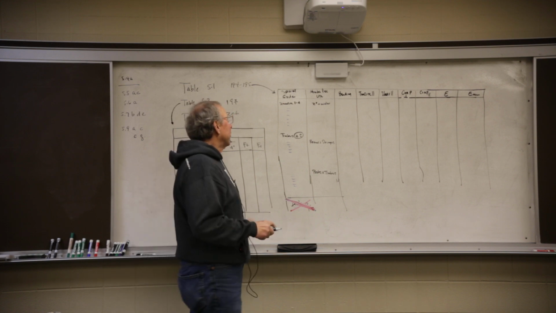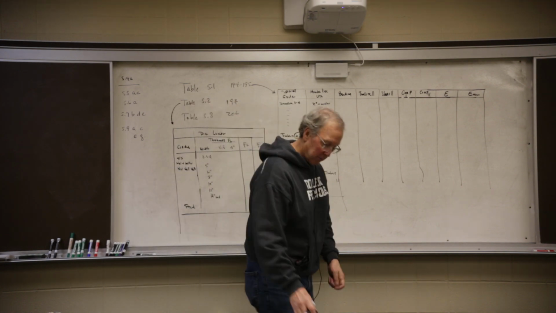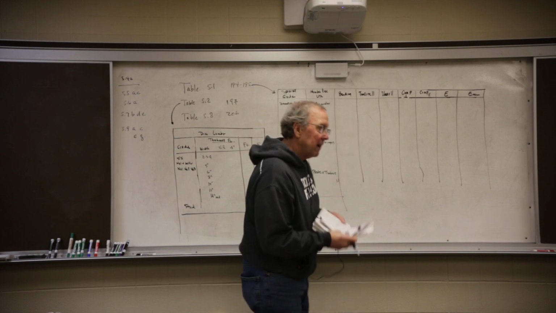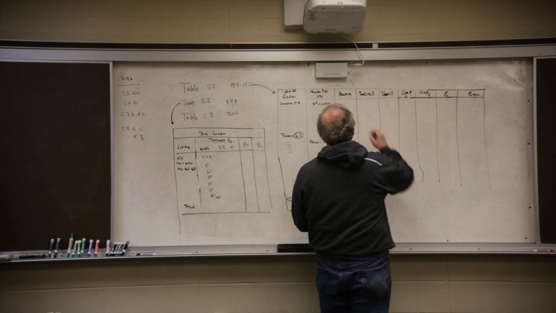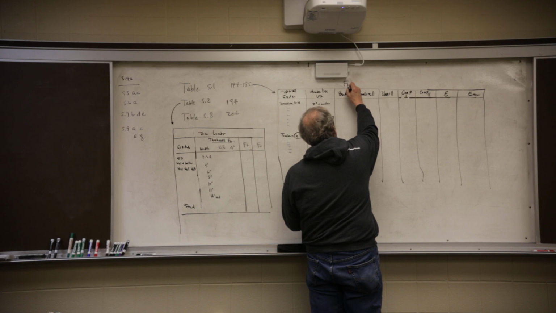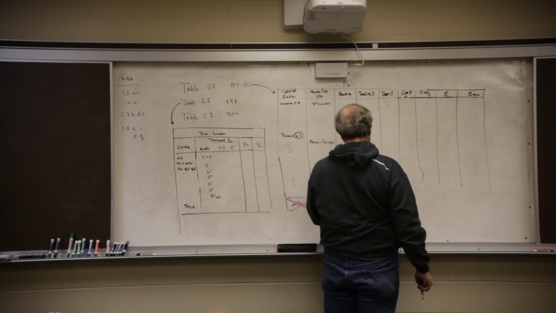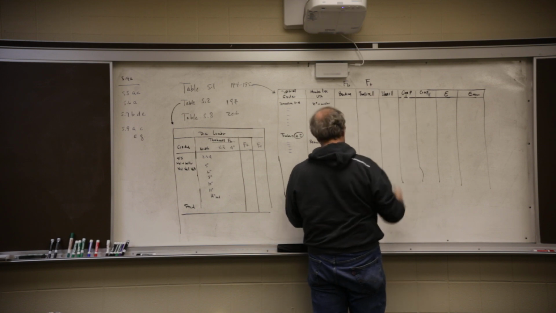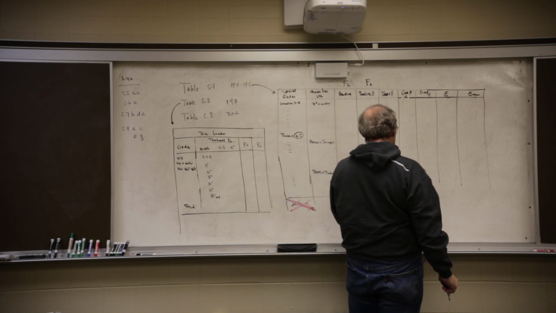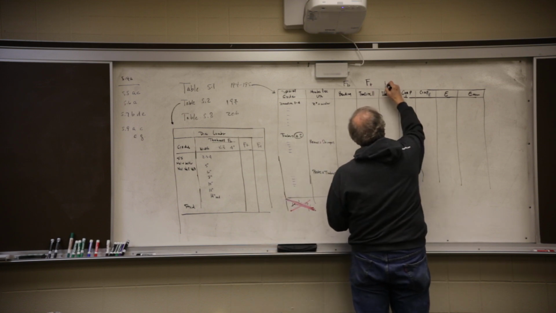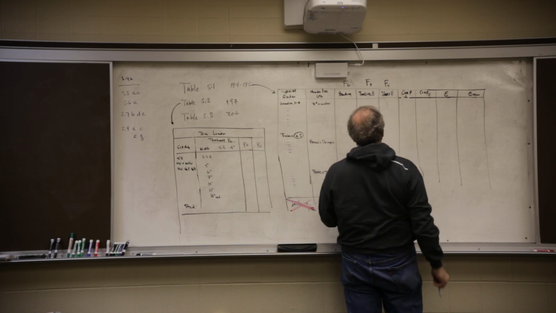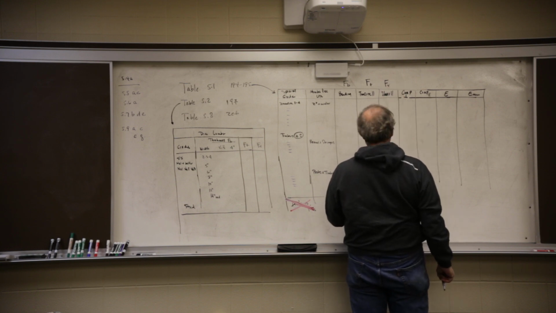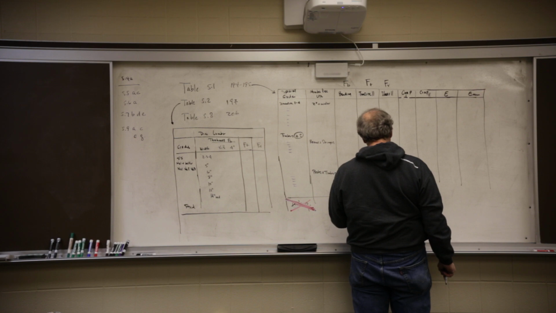Okay. We've got letters, and you know some of them, and I'm going to put them on the board now for each of these vertical columns. Bending, hopefully you remember, Fb. Tension parallel to grain, Ft. Allowable shear stress, Fv.